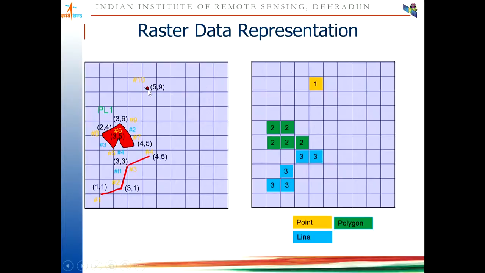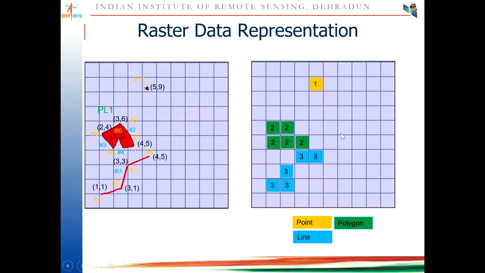In this case, there was a point located at this position, but after the rasterization process, this point is now supposed to be available within this grid cell. So this is a slight difference, where the smoothness of your geometry is lost, and the smoothness depends upon how fine your grid size is.